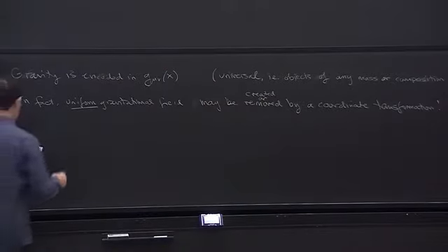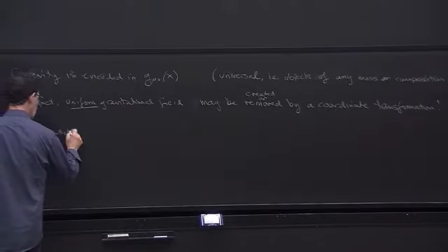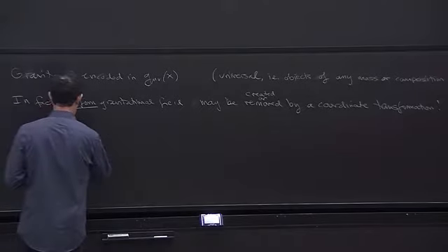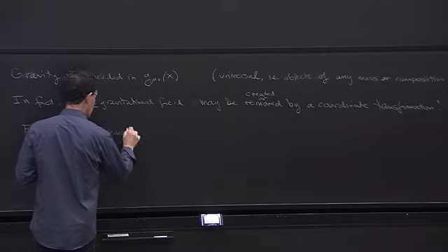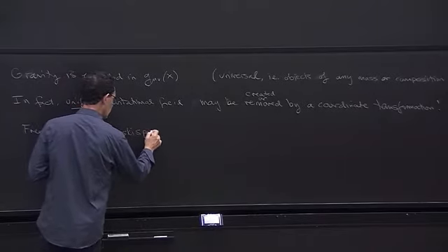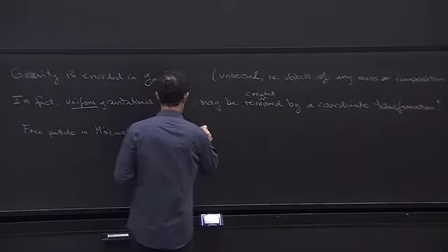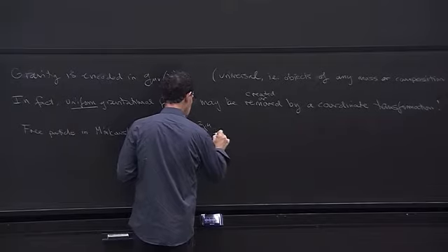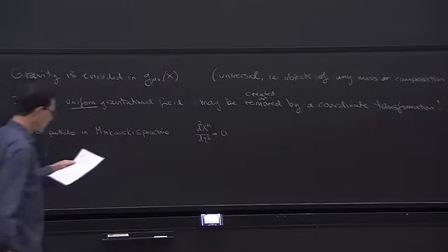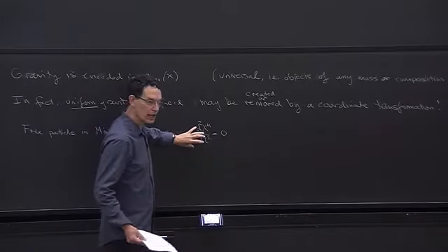It's kind of cute. Let's take a free particle in Minkowski spacetime. Okay, so what does a free particle obey? Well, the equation of motion is just trivial. That's the motion of a free particle in Minkowski spacetime. And this is just telling you that it follows a straight line.